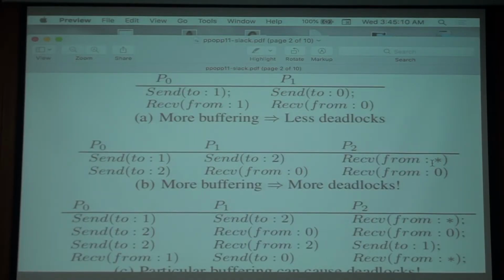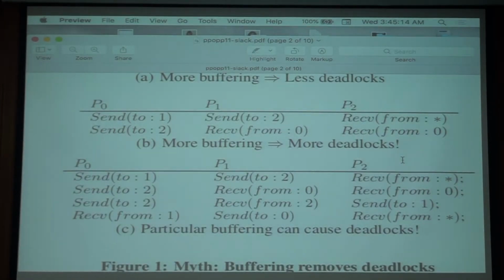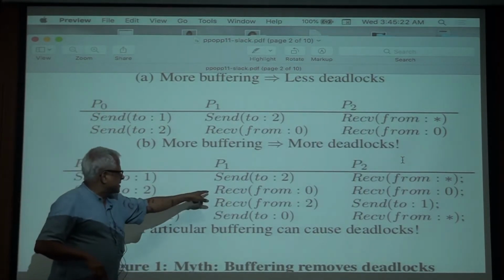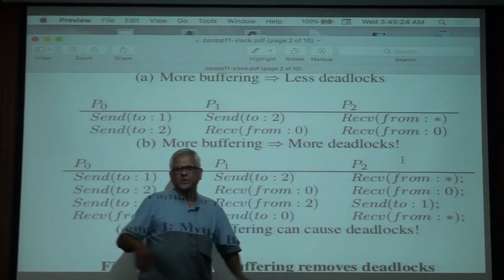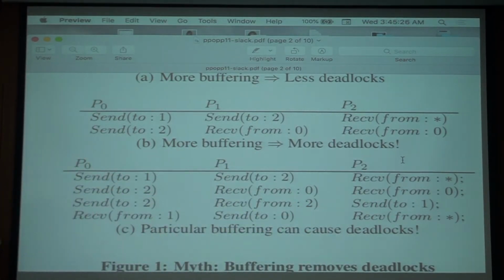And whenever there is non-determinism, a lot of intuitions are going to go bad. We even created a third example where you have to allocate a specific buffering to cause a deadlock. This send has a lot of buffering, this one doesn't have that much. So based on the amount of buffering available to sends and receives, you can land the system into trouble.